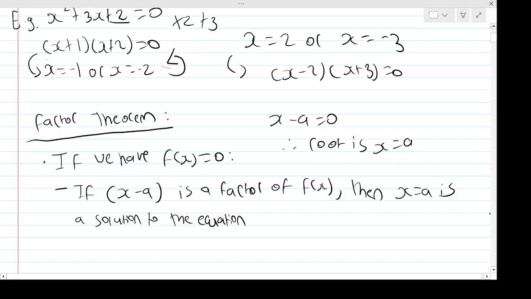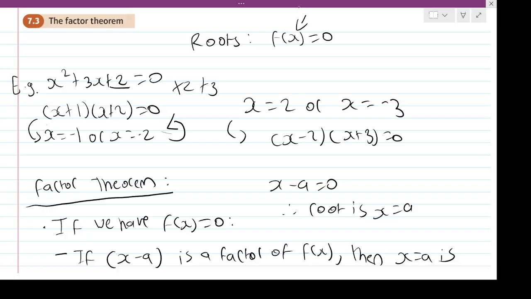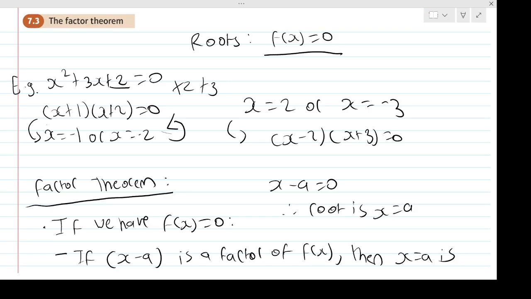But what we can also say, by using this function notation up here again, is that a root is our input, the value of x such that f of x would be 0. So if x is a root, that means if we plug in a for x in our function, we get 0, hence it would be a solution. So what we can also say is that therefore f of a would be 0.